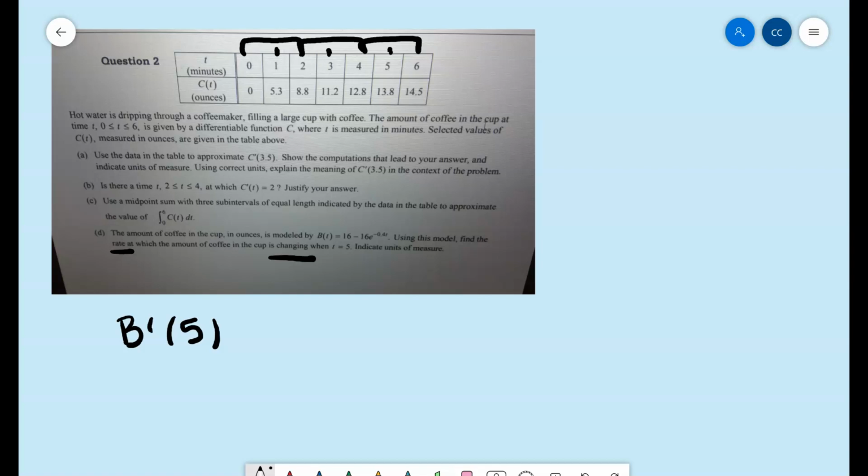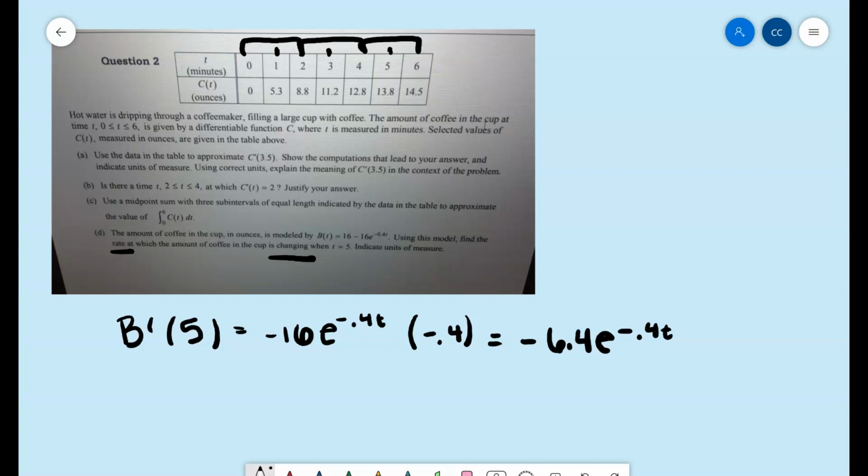So b prime of 5, well, the 16 would cancel. We know that then becomes negative 16 e to the negative 0.4t times negative 0.4. So negative times a negative creates a positive. And we get that this derivative is negative 6.4 e to the negative 0.4t.